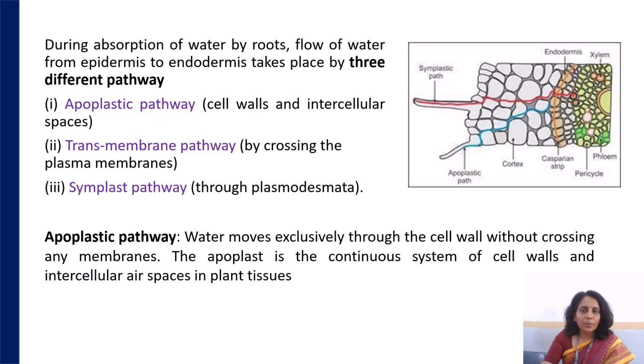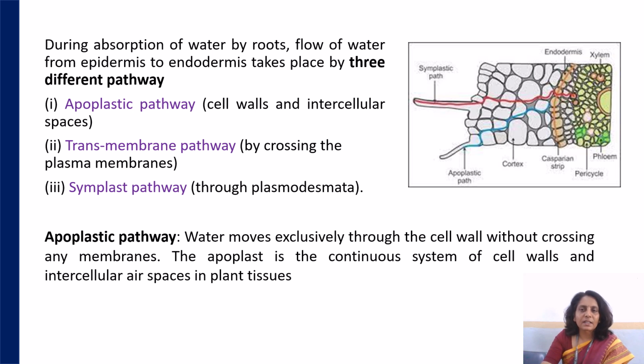During water absorption, the water may flow from one cell to the other cell in three different pathways, namely the apoplastic pathway, the symplastic pathway, and the transmembrane pathway. In the apoplastic pathway, water moves exclusively through the cell wall without crossing any membranes.